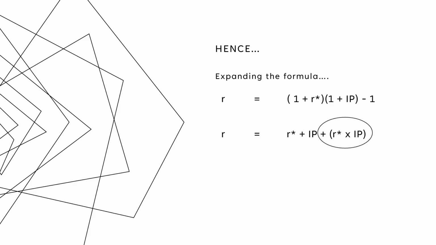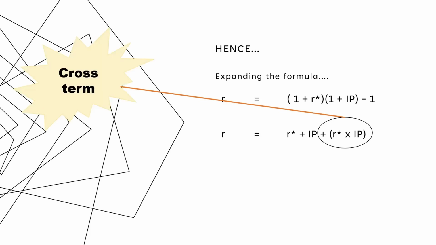R star times IP is what we call the cross term, an added variable to the usual calculation that will be useful if the inflation rate is too high. Again, the effect of this cross term may be negligible if your inflation rate is low. But in cases where the inflation rate is significant, we are to account for such adjustment.